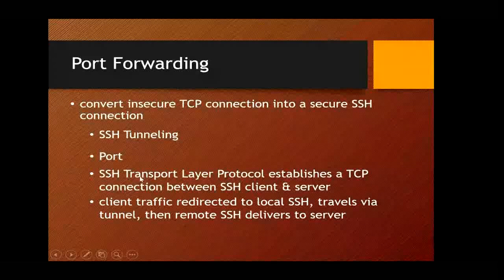Here the SSH transport layer protocol will establish a TCP connection between the SSH client and the server, and the client traffic will be redirected to a local SSH. It will travel via the tunnel, and then the remote SSH delivers the data to the server.